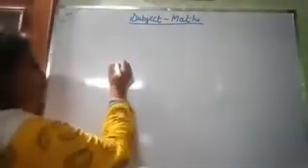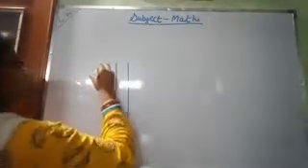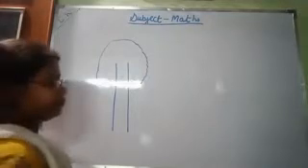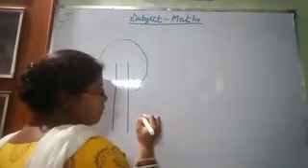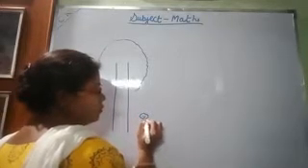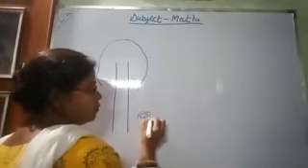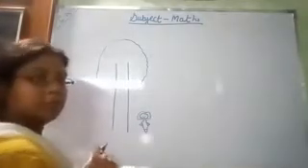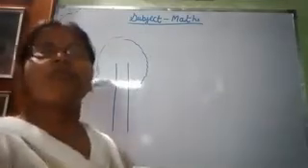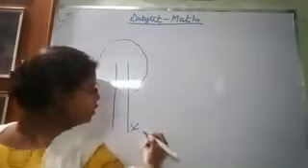Suppose this is one tree. I will not draw this any more, I have made this drawing so badly. Suppose this is a tree and this is one bird.